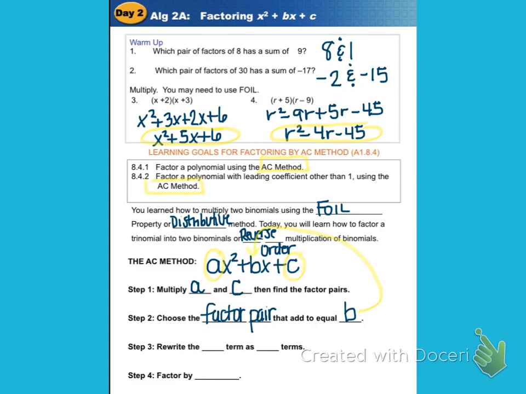Next, we rewrite the b term as two separate terms using that factor pair as the coefficients of the two terms. And then finally we factor by grouping.